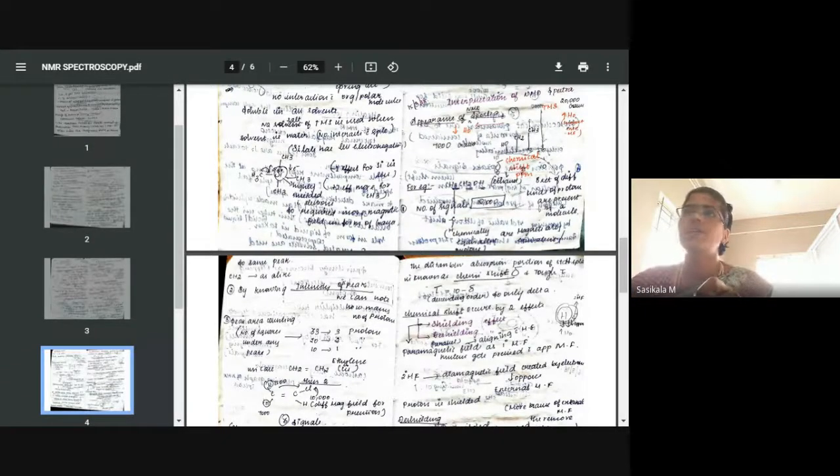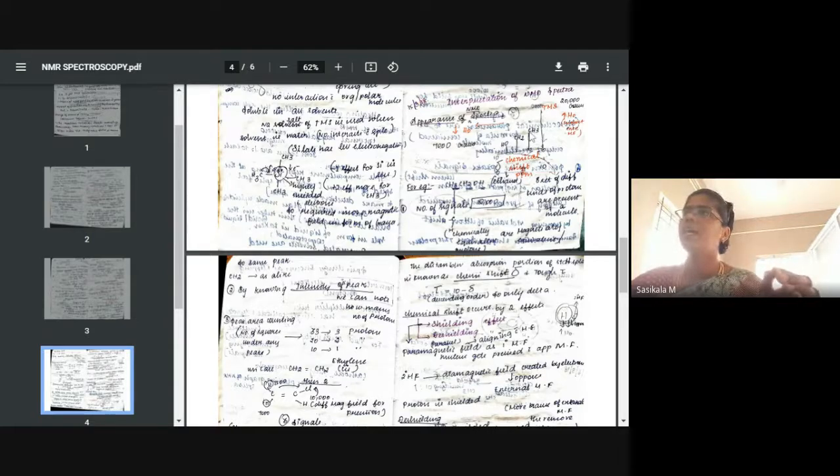If 3 protons are there, then you will be getting around the 30s as the number of squares, 32, 35, like that, with the tens starting with 3. So that represents 3 protons of the same kind. So we can expect it is a methyl proton.